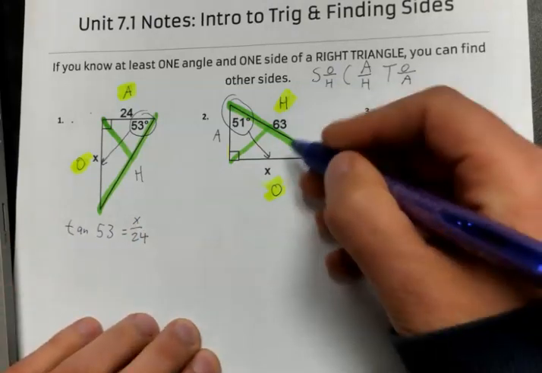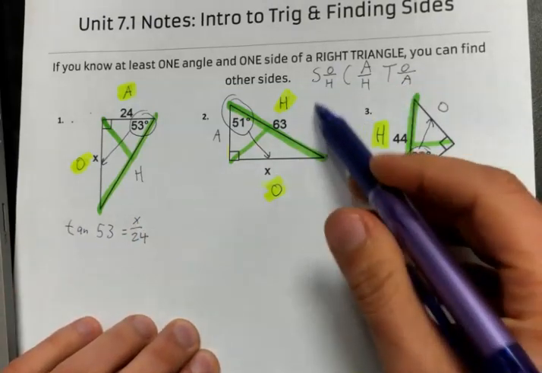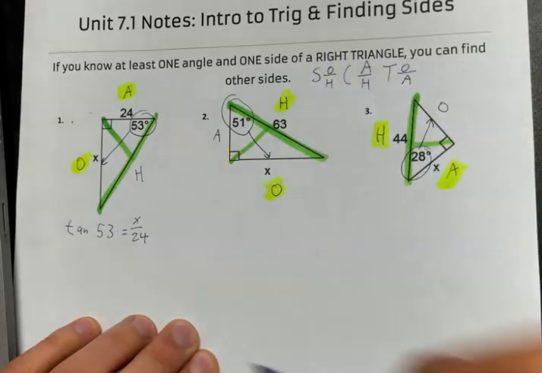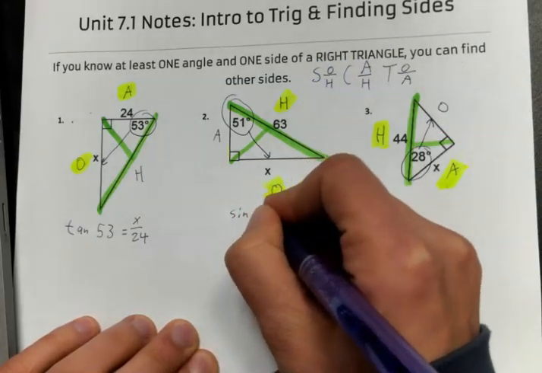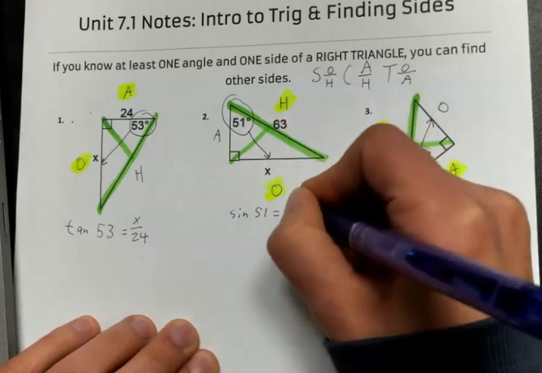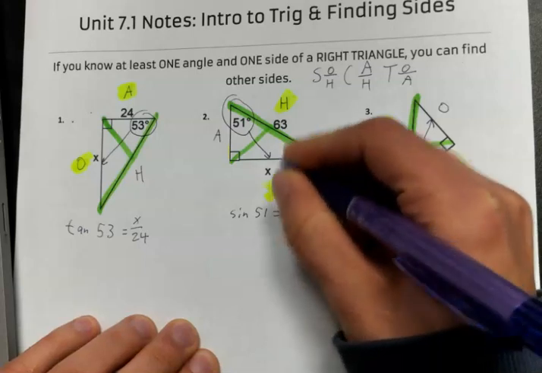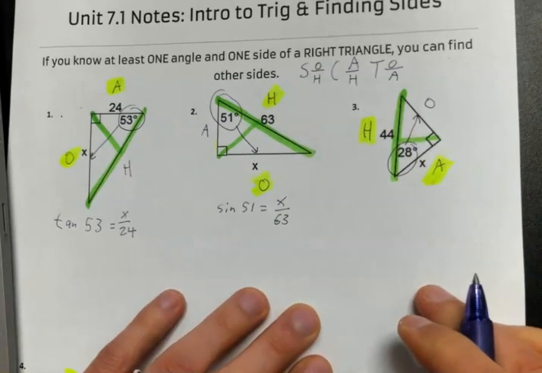Okay? O and H, where do you see that together? Oh, right here with my S, sine, right? So sine of 51 is equal to X over 63. O divided by H. Okay?